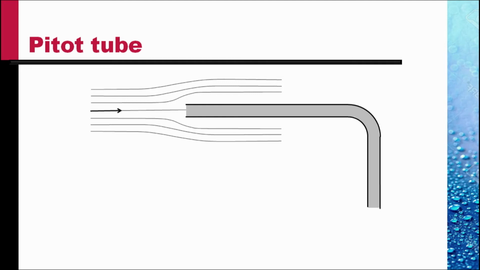Consider a central streamline. This streamline, as it reaches the front end of the tube, is brought to rest. The fluid flows past this, around this.